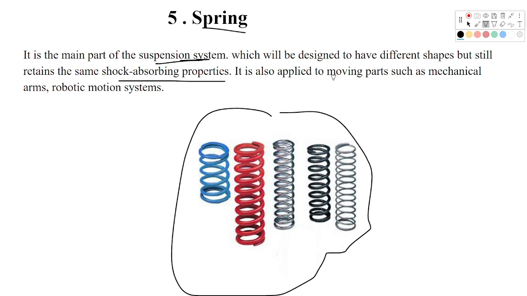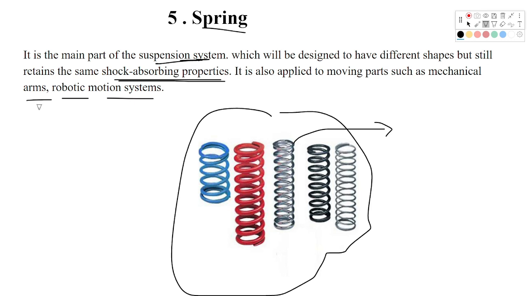It is also applied to moving parts such as mechanical arms, robotics, and motion systems. I'm telling you things that you have already seen. So this is a spring, and it's used to retain the same shock absorbing property.